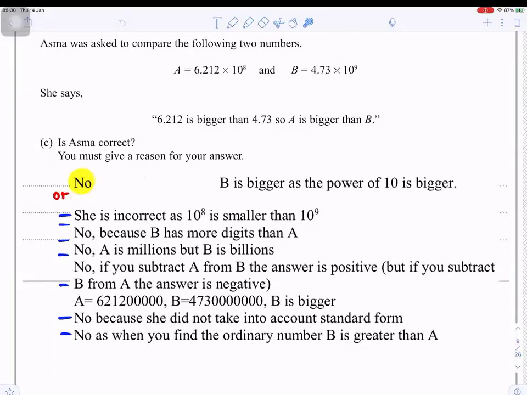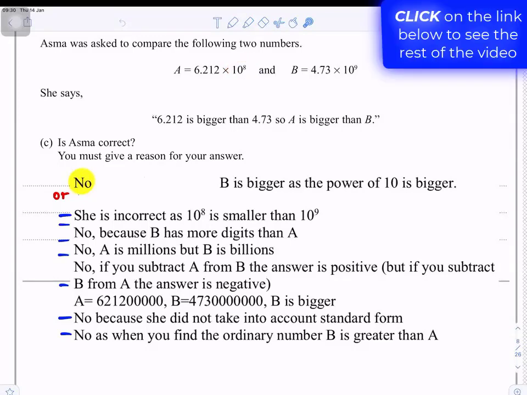Asma was asked to compare the following two numbers. A, 6.212 times 10 to the 8, and B, 4.73 times 10 to the 9. She says 6.212 is bigger than 4.73, so A is bigger than B. Is Asma correct?